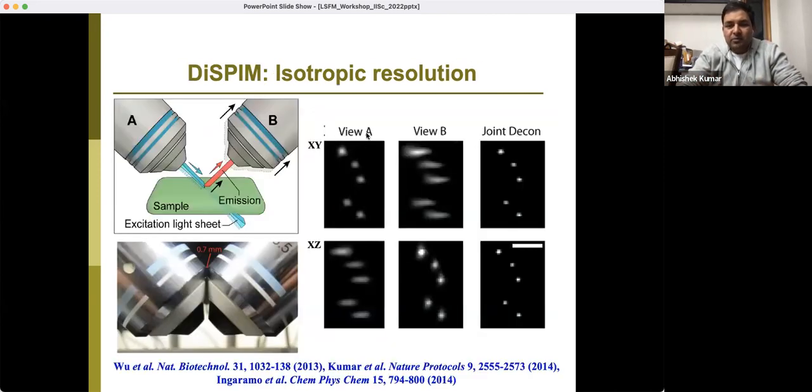And you can see in this example, we are looking at diffraction limited beads. View A means you are illuminating using this lens and collecting using this. So XY is pretty good, but the axial dimension is more elongated.